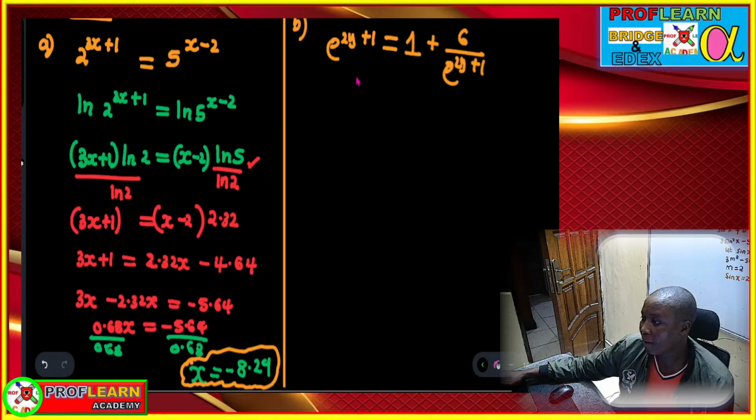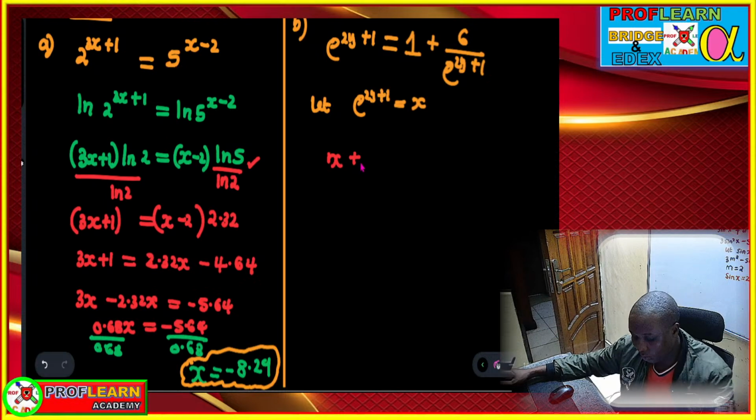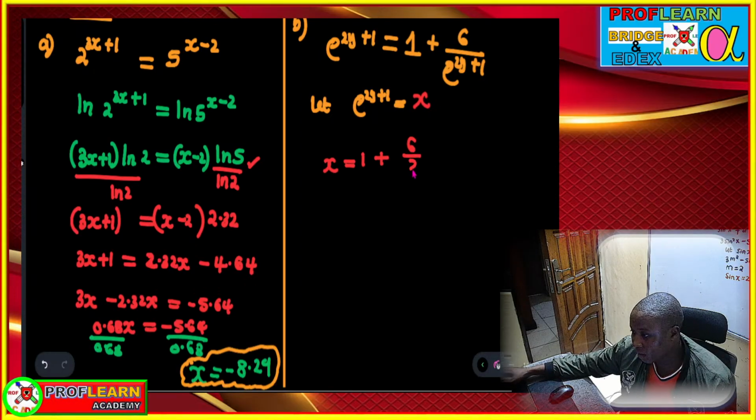So which will mean at this point of time, I can decide and say let e to the 2y plus 1 be equals to x, so that my question is going to be x is equals to 1 plus 6 over x.